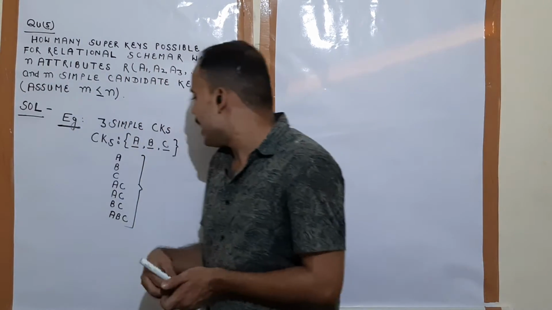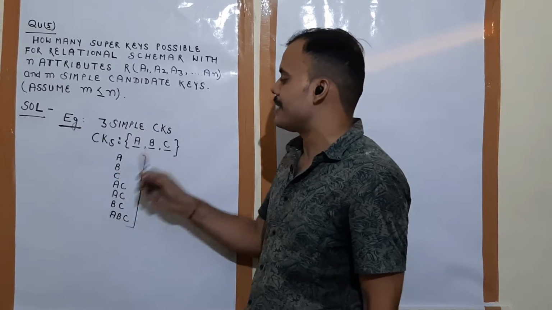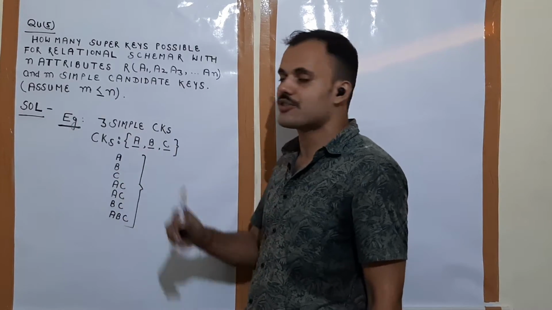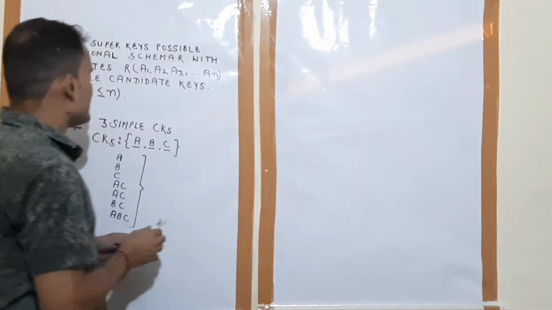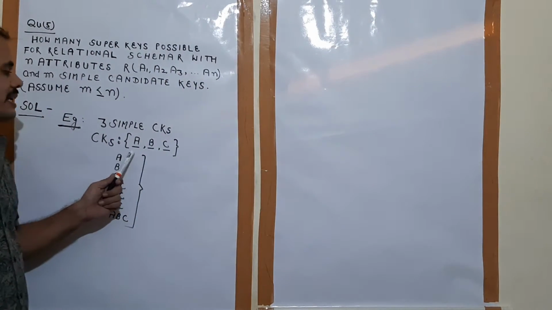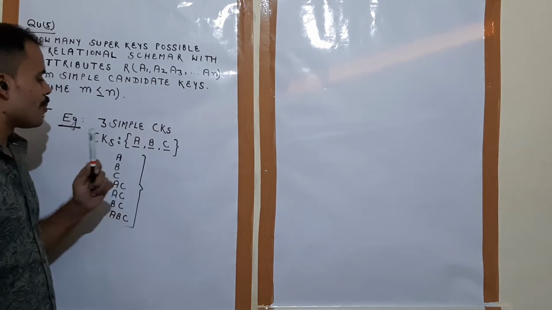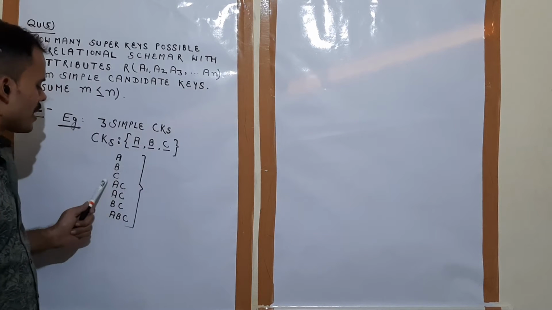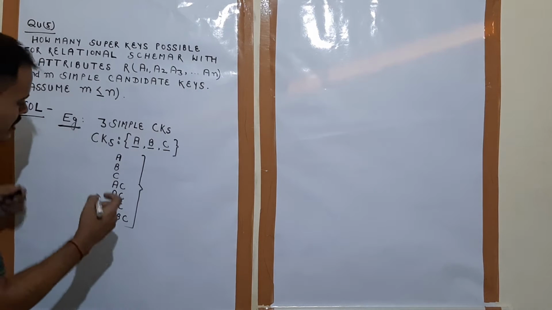See here, A is a candidate key, then A is a super key, B is a candidate key, B is a super key, C is a candidate key, C is a super key. Because every candidate key is a super key, and since A is a candidate key, means A is a super key, then AB is also a super key. We missed AB.